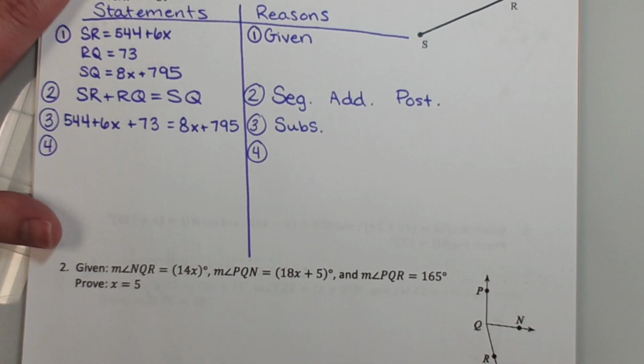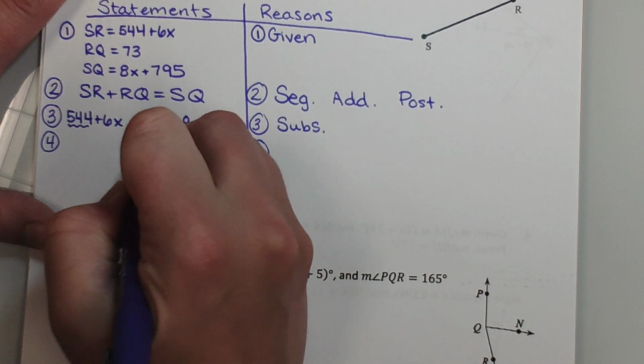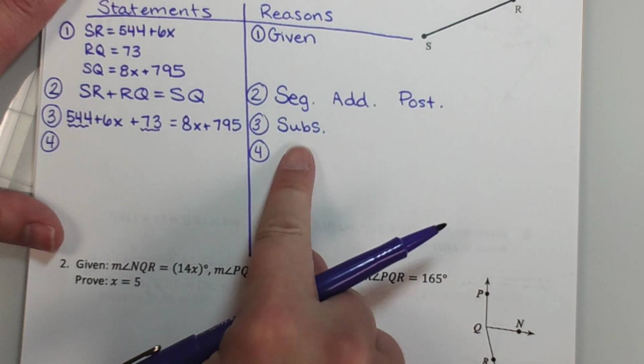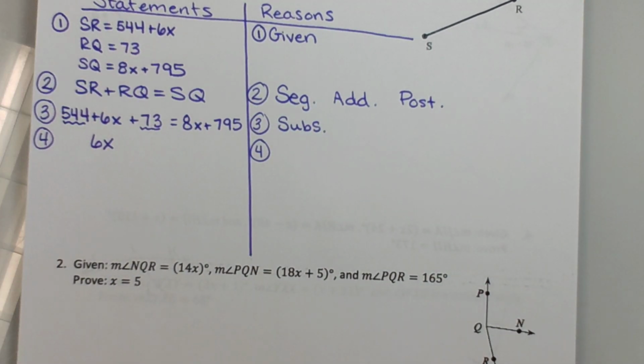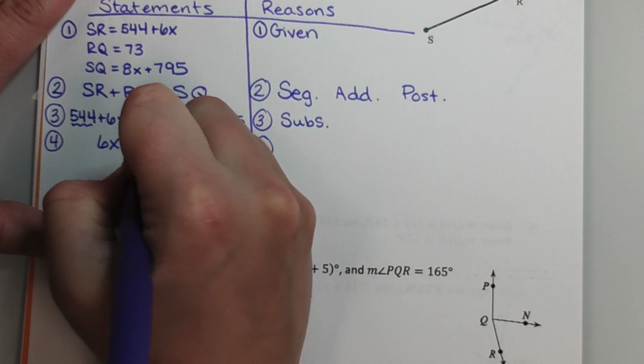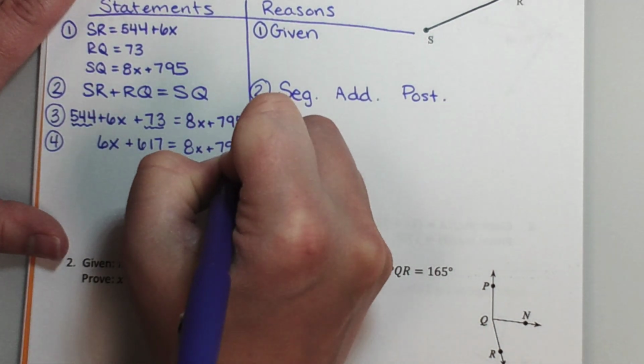Add what? 73 and 544. Okay, we're going to add these 2 together, but the actual reason's not called add. 544 plus 73, 600 and something. 617, thank you. Positive 617 equals 8x plus 795.